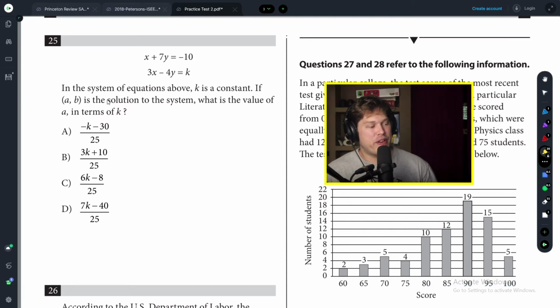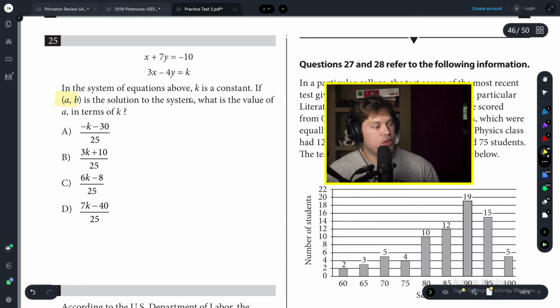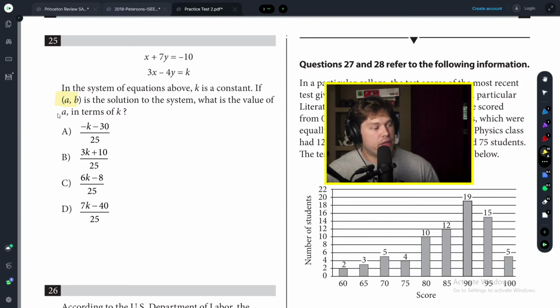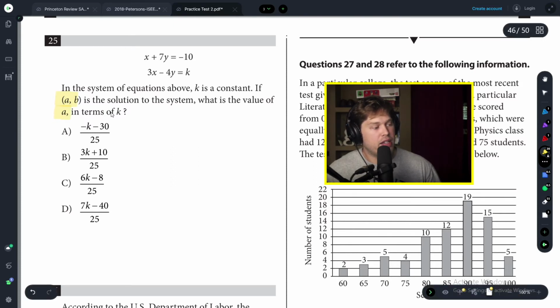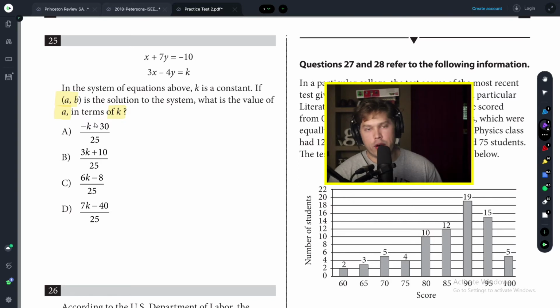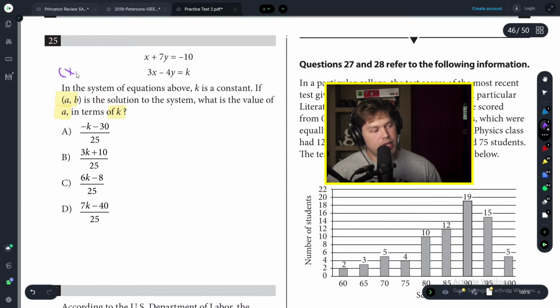All right, number 25. In the system of equations above, K is a constant. If (A, B) is the solution to the system, what is the value of A in terms of K? Okay, so just like in that previous problem where we were solving for B sub 1 and B sub 2, here we're given A and B. So we have to remember this is some coordinate x comma y.